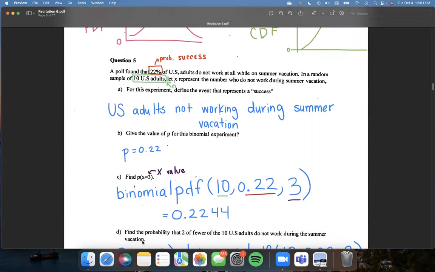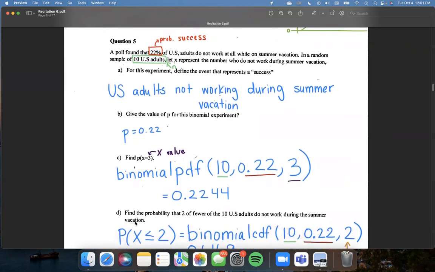Next, we want to find the probability that 2 or fewer of the 10 US adults do not work during the summer vacation. So here we have the probability that X is less than or equal to 2. Now we'll use binomial CDF instead of PDF.